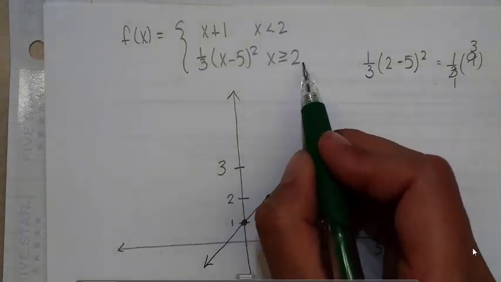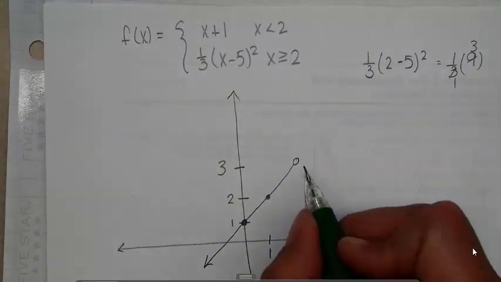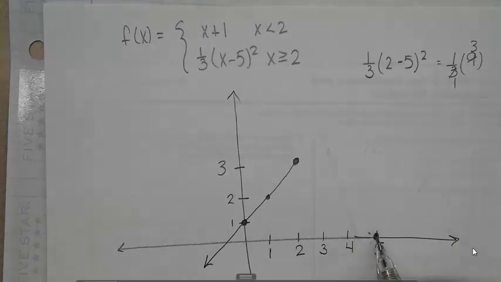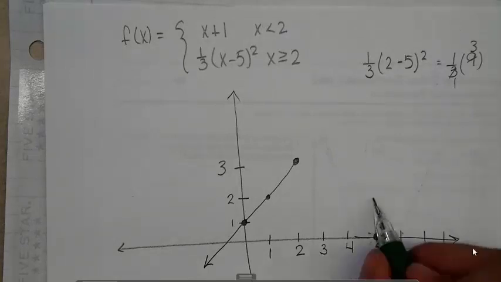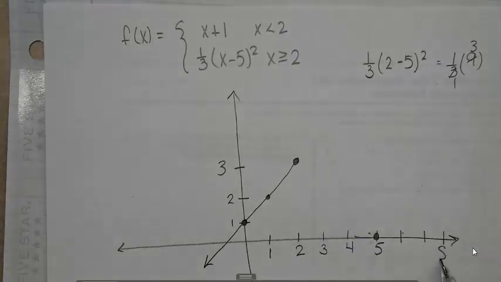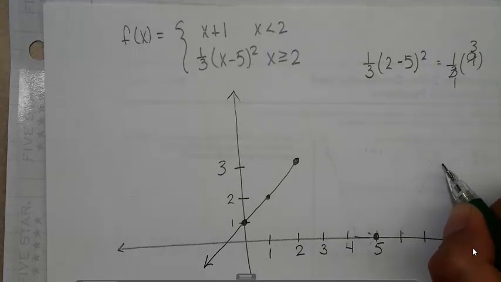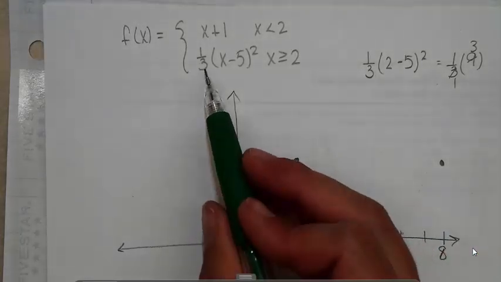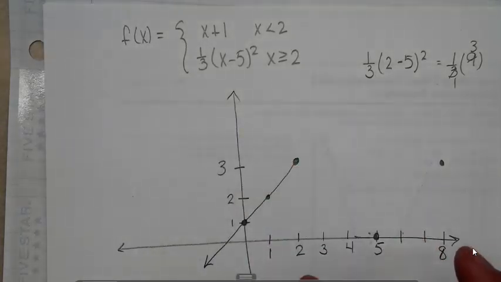So at 2, my output is 3. And for this piece, I can actually say, well, x can equal 2. So it looks like I need to fill in this hole. I know it's going to go down to 5. And it's also going to go over here. That's my axis of symmetry. So if I go over to 8, I should also have an output of 3. So that 1/3 coefficient here makes this whole graph become fatter and shorter, right?